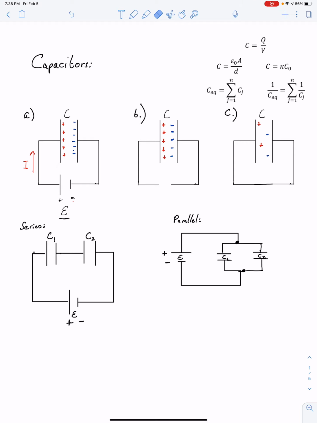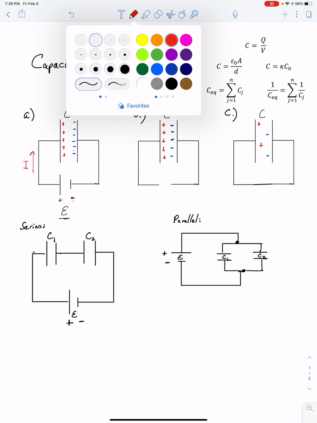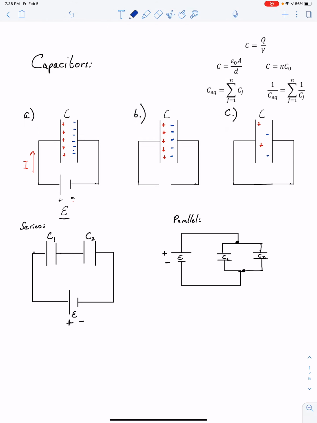Now, the reason why we have this, and I'm going to try to make it brief, is because in actuality, remember, the direction of current is just a convention. What's actually happening is the movement of electrons. So when we put a battery on, electrons are moving away from this plate, and it's positively charging the plate because there's less negative charge in that plate.